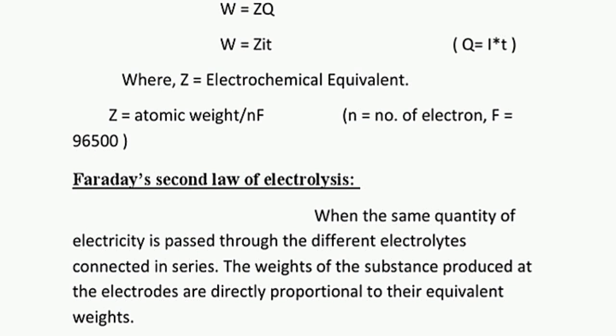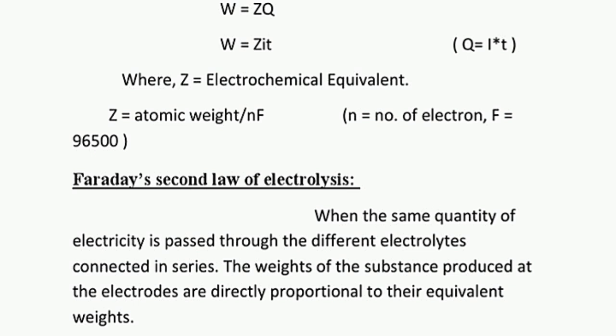So if it had to gain 2, then it needs 2 × 96,500 coulombs of charge. Okay, so you see how it's proportional to the charge on the ions. 2 plus, then 2 times 96,500 coulombs. That's how you're going to use it to solve and find the amount of substance discharged.